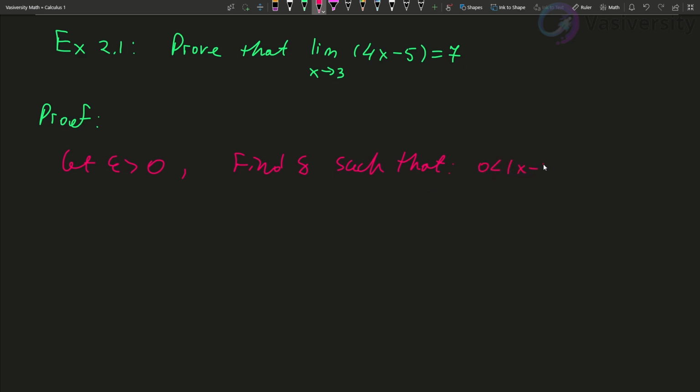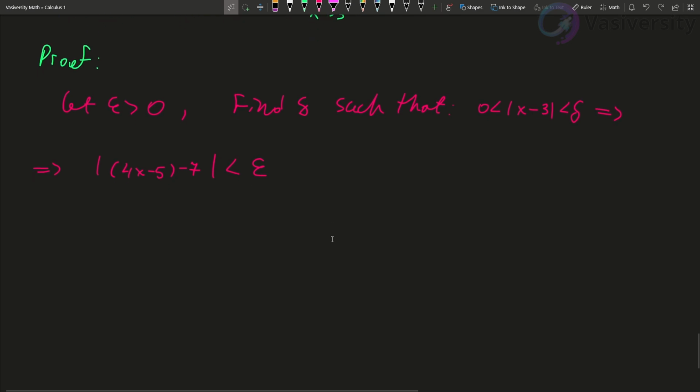0 less than absolute value of x minus 3 less than delta will give us that the absolute value of 4x minus 5 minus 7 is going to be less than epsilon.